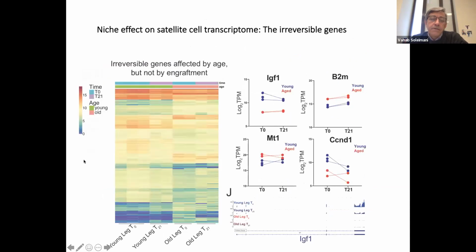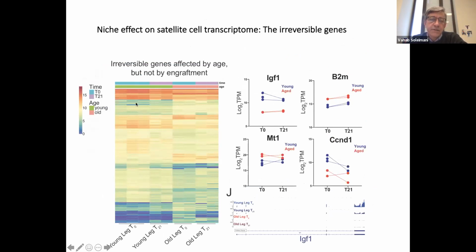However, there are a lot of genes that are changed in aging and are resistant to the niche factor. You take the cells from the old mice, put them in the young niche, and it doesn't matter. We leave it there for 21 days, that's 3 weeks, which in my opinion is sufficient for any changes that can take place to take place.